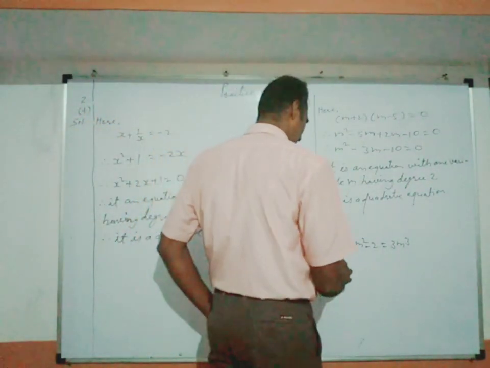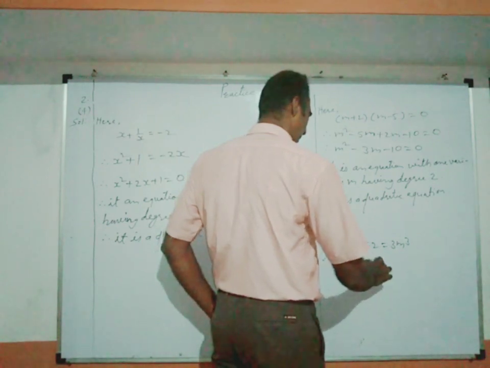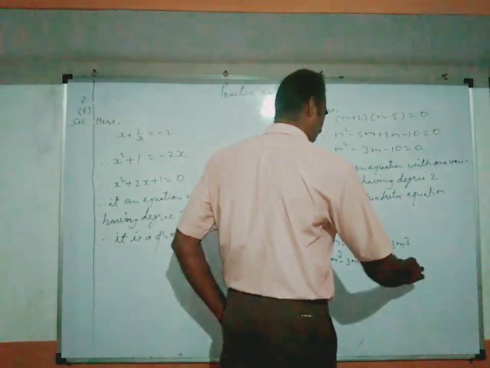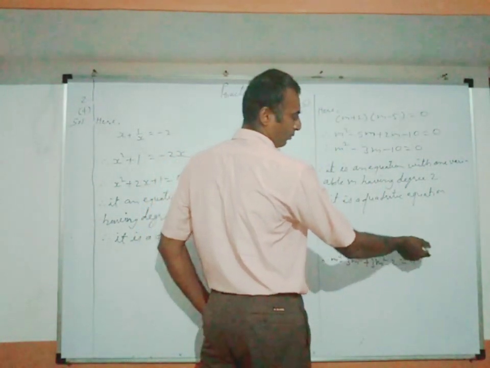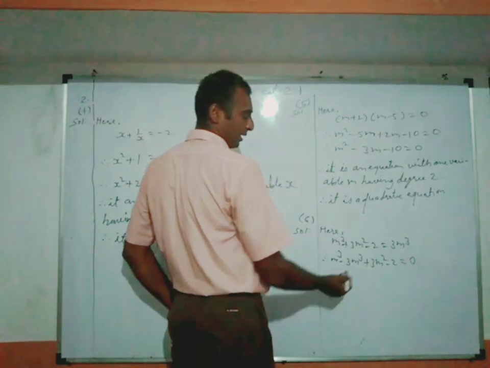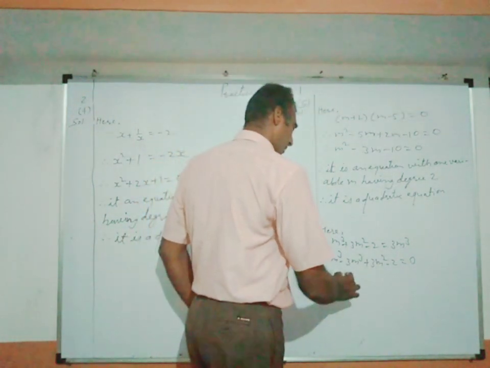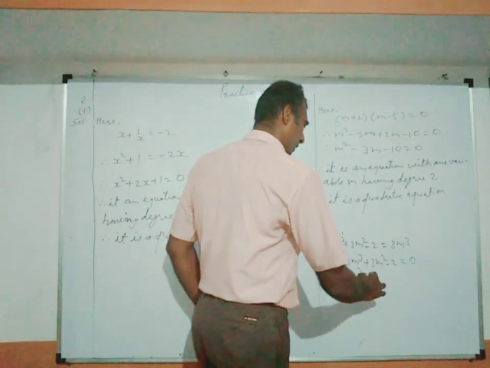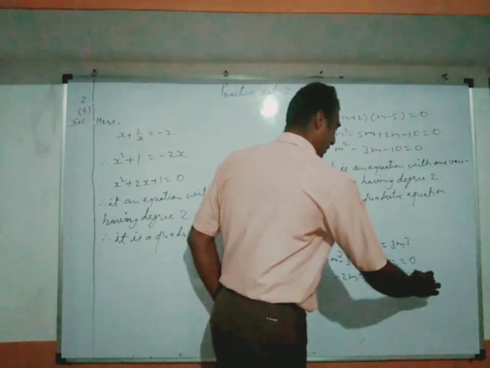Therefore, it will be m cube minus 3m cube plus 3m square minus 2 equal to 0. On transfer of 3m cube from right to left, we get minus 3m cube. m cube minus 3m cube gives us minus 2m cube plus 3m square minus 2 equal to 0.